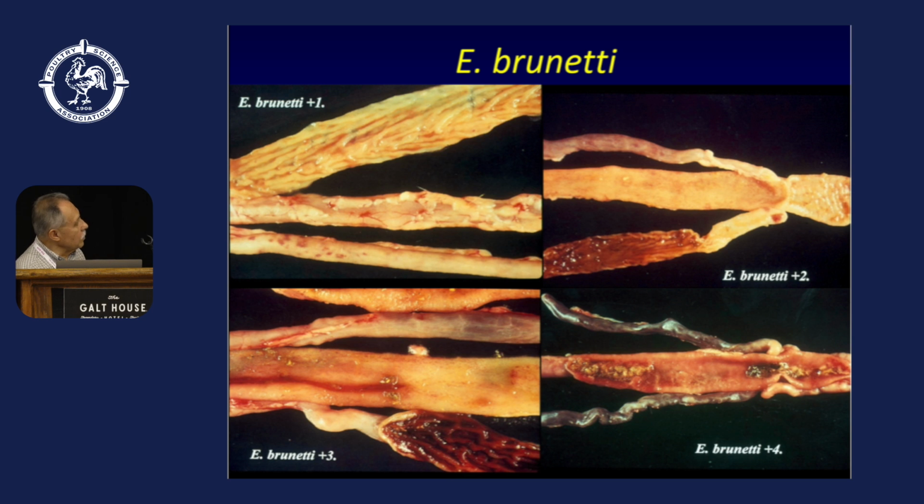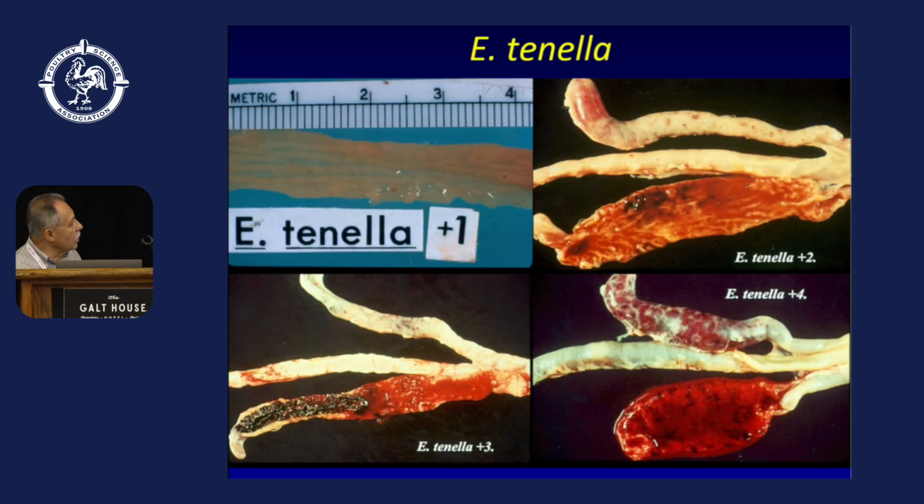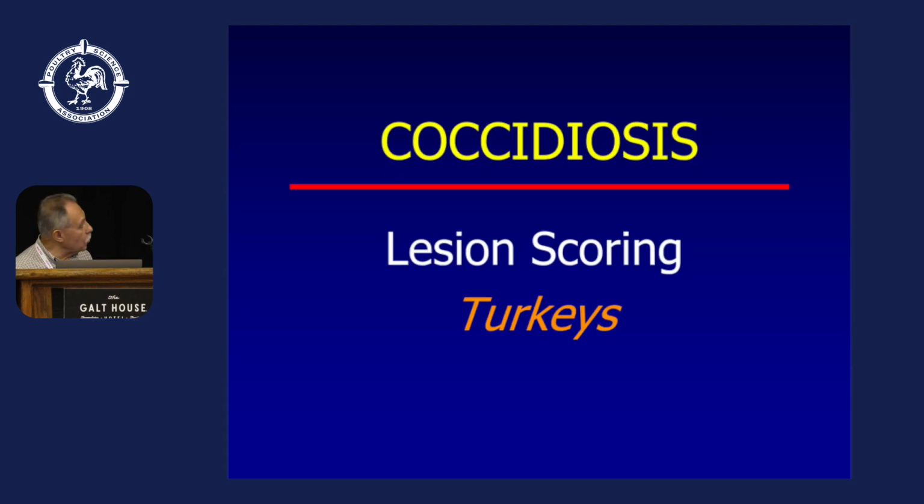And again, from the Pfizer technical manual, +1, +2, +3, and the most severe lesion, +4. Finally, tenella, again, same scale, 0 to 4, 0, no lesions, +4, the most severe lesions, or a dead chicken. And as you can see here, that came from Dr. Reed. The rest came from the Pfizer Coccidiosis manual, +2, +3, and the most severe, +4.